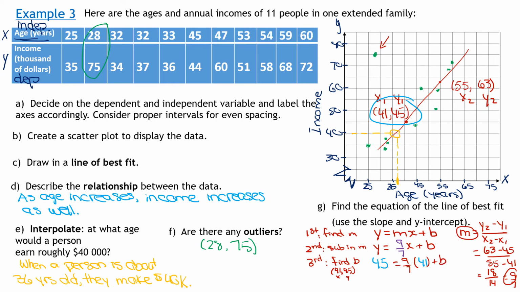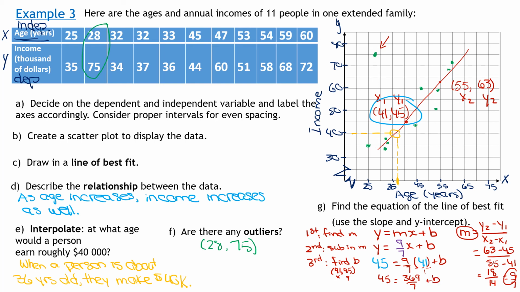So now I've got to do a little bit of multiplication. This is 41 over an invisible 1. So I'm going to multiply numerator times numerator, so that's 9 times 41. So I'm going to run out of room again. I've got 369 over 7 plus b.